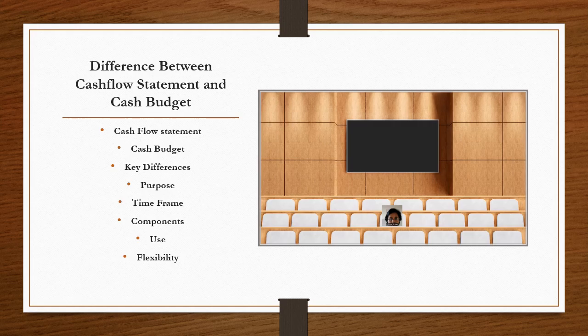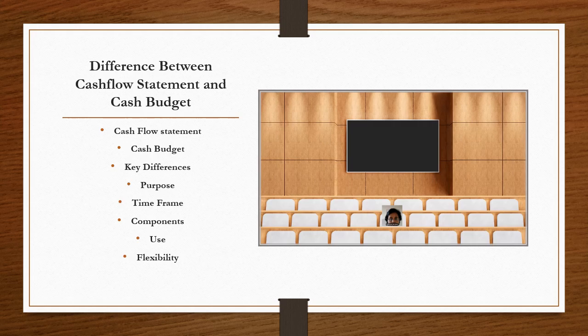The cash budget is prepared for the forthcoming period as a planning exercise. Cash budget starts with the opening balance of cash in hand and the balance at bank at the beginning of the proposed period and ends with the closing balance of cash in hand and at the bank end of the period.